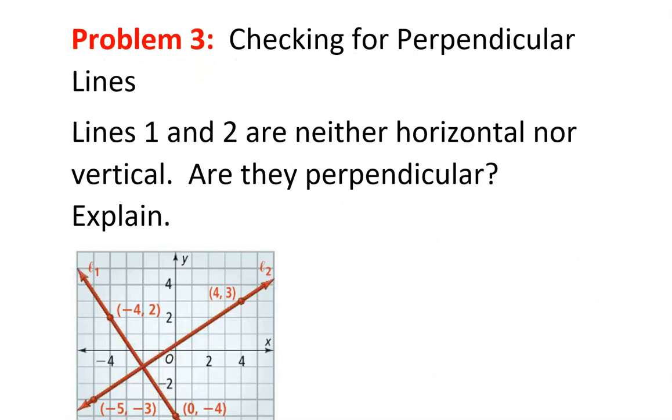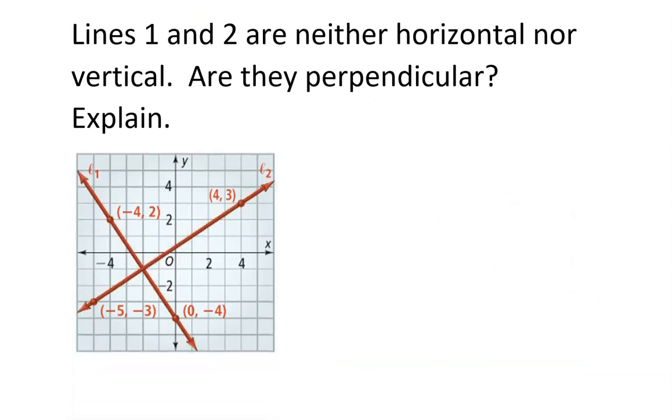So let's use a picture to check for perpendicular lines. Lines 1 and 2 are neither horizontal nor vertical, so we can't just say they're automatic. They're questioning, are they perpendicular? So I'm going to do the same thing that I did last time, and you can use the formula if you want to. I'm going to connect these two and count the squares. 1, 2, 3, 4, 5, 6. 1, 2, 3, 4, 5, 6, 7, 8, 9.